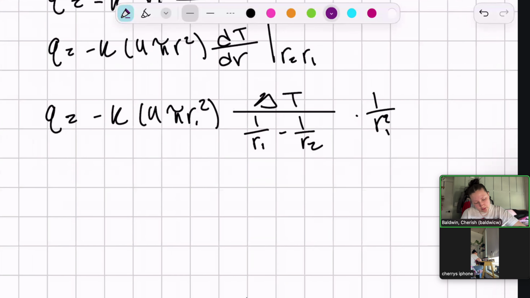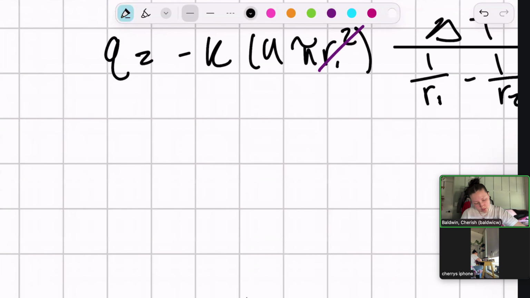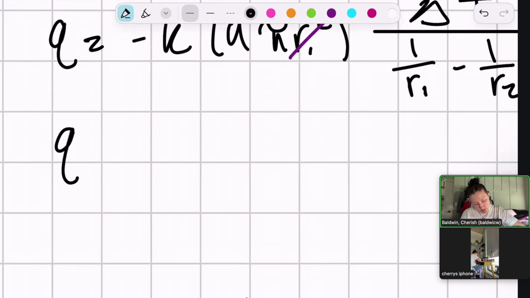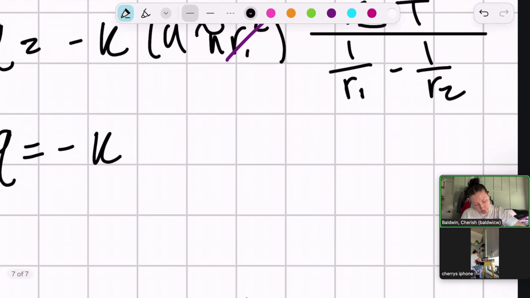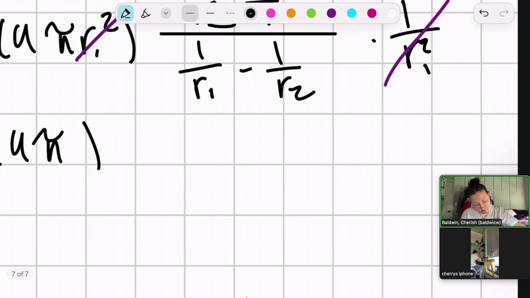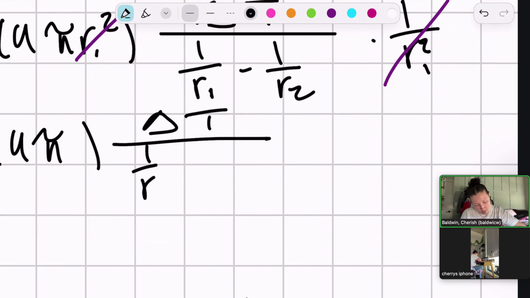And then these cancel out. So then that gives us Q is equal to K 4 pi delta T over 1 over R1 minus 1 over R2.